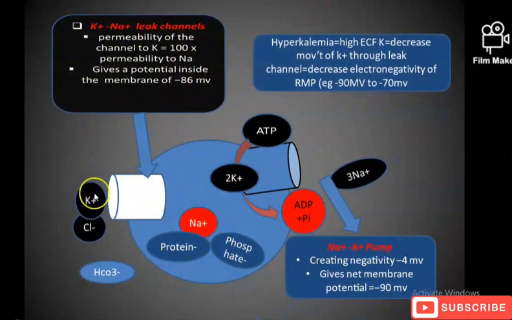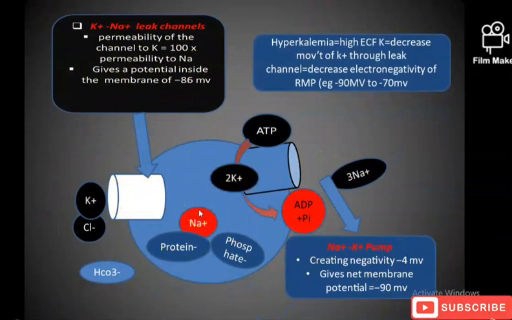So the concentrations of potassium in the extracellular fluid and the intracellular fluid become more balanced, and there is less movement of potassium from the intracellular compartment to the outside of the cell. So the movement of potassium from the inside to the outside through the leak channel will decrease, and that can lead to the accumulation of positive potassium ions inside the cell.